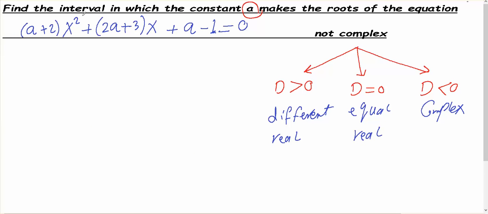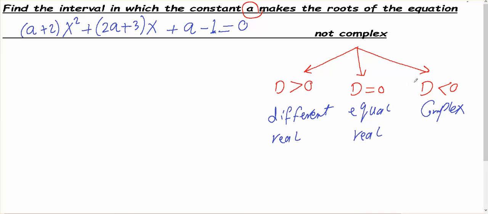Find the interval in which the constant a makes the roots of the equation a plus 2 x power 2 plus 2x plus 3 times x plus a minus 1 equals 0 not complex. We know that if the discriminant is greater than 0, the two roots are different reals. If the discriminant equals 0, there are two equal real roots.